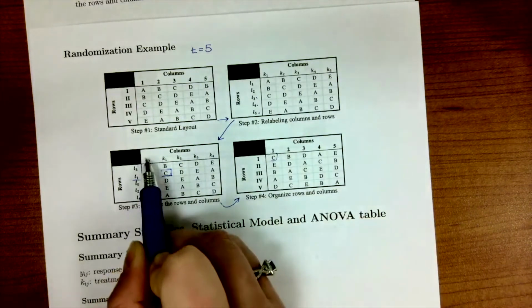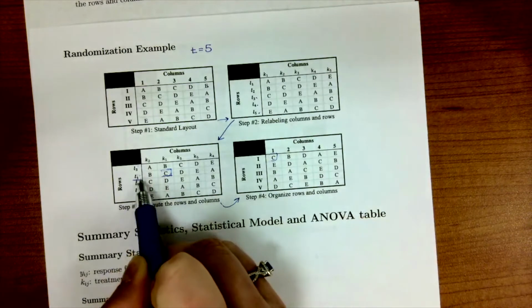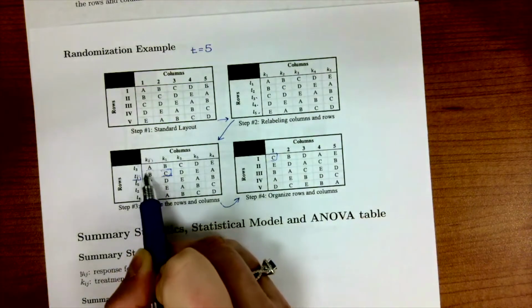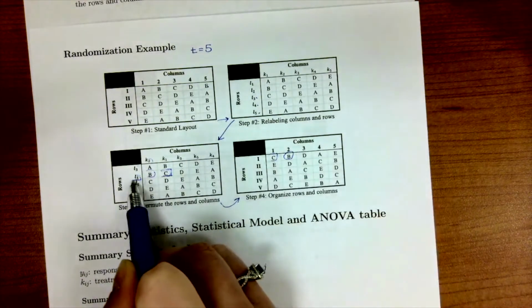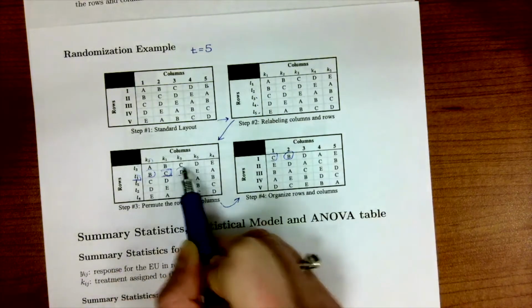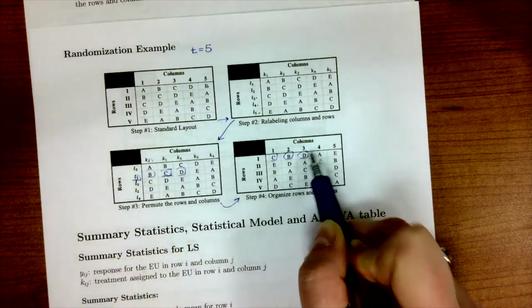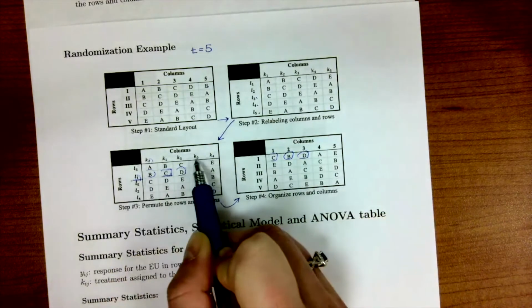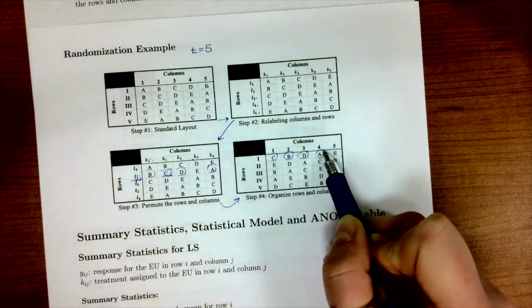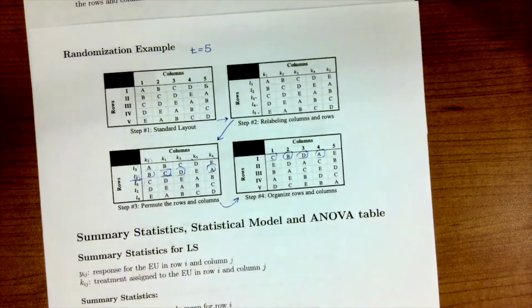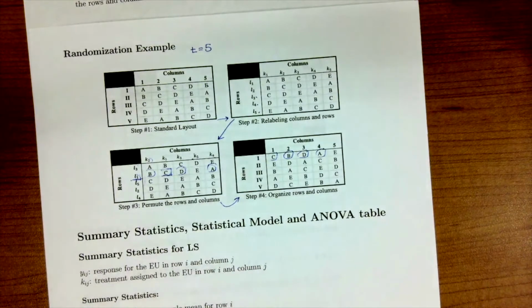Row 1, column 2, because this is what that 1 and 2 are representing, is B. B's right here. Row 1, column 3, D. Row 1, column 4, A. And that's how we end up getting that shuffled.